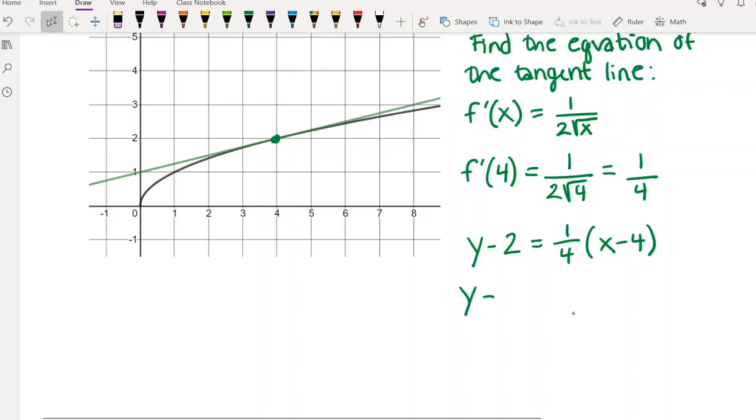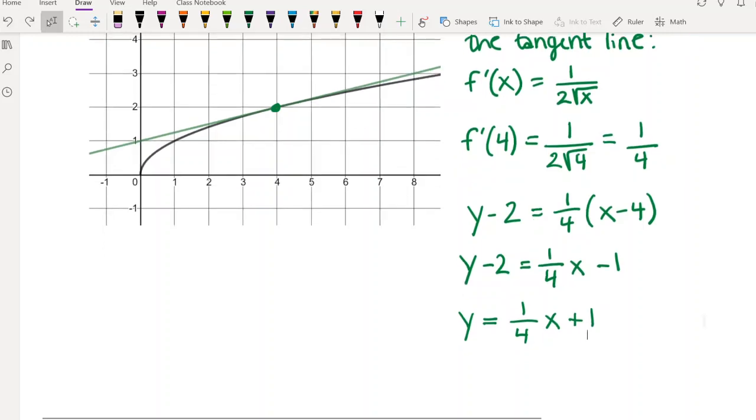And so this gives us y minus 2 is equal to 1/4 x minus 1. And so altogether we get y is equal to 1/4 x, and then we add 2 to both sides, and it gives us plus 1. And that lines up with what we see here. We see that the y-intercept of that line is indeed 1.